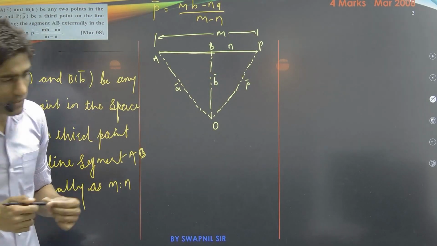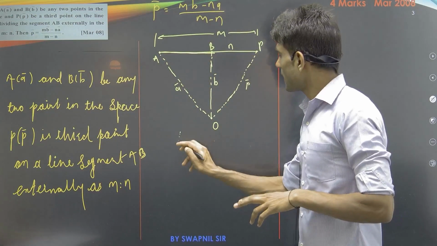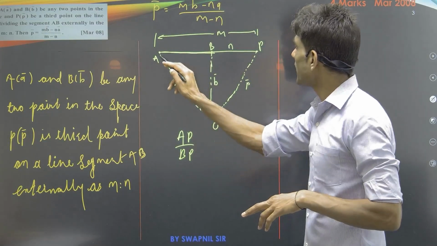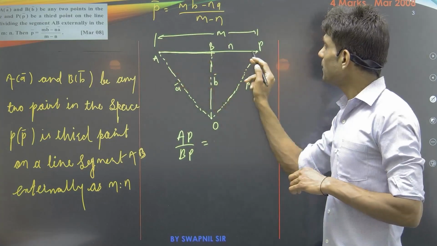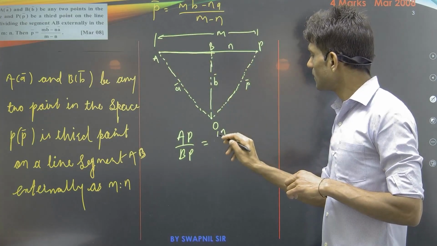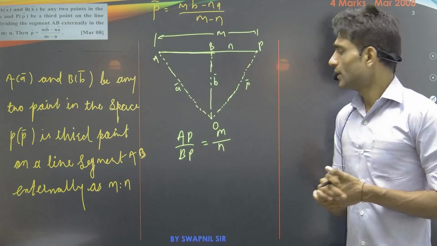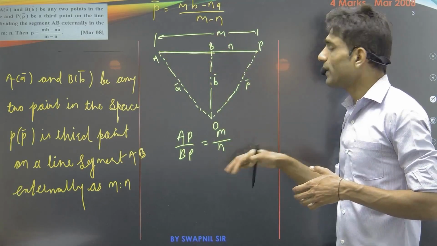Now take the ratios for their sides. The ratio for their sides can be written as AP divided by BP, which is m divided by n.